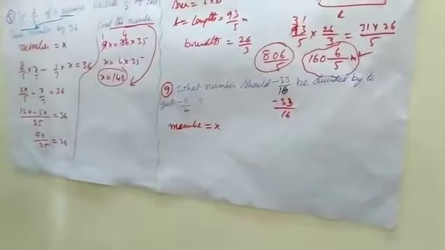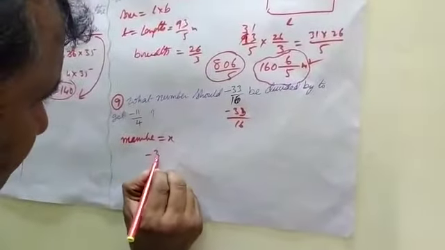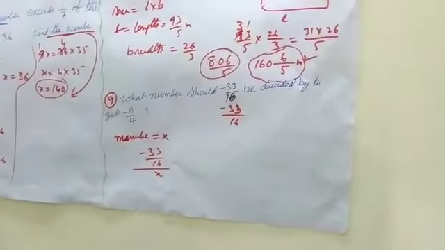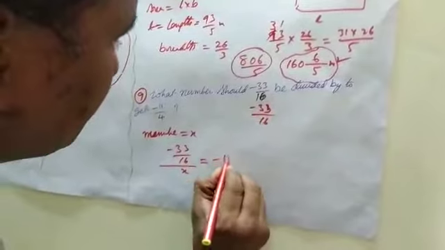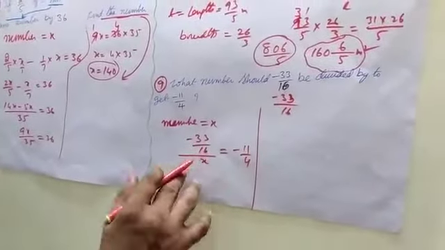Number is equal to x. Minus 33 divided by 16, whole divided by x, to get means equal to minus 11 by 4.